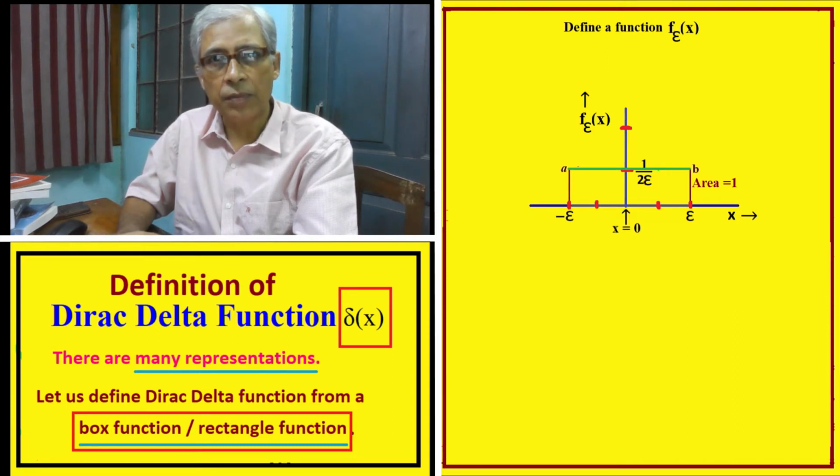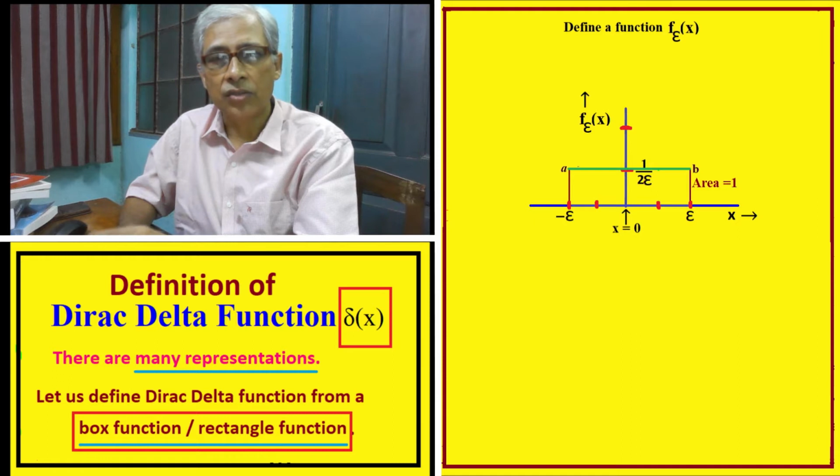It extends by an amount epsilon in the positive x side, and so the x coordinate of the point B is epsilon. The line AB stretches also by an amount of epsilon along negative x side, and so the x coordinate of the point A is minus epsilon.